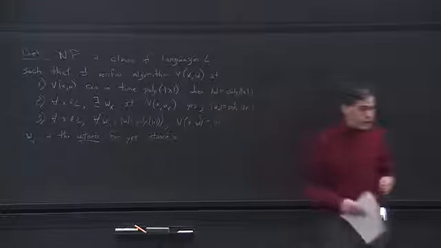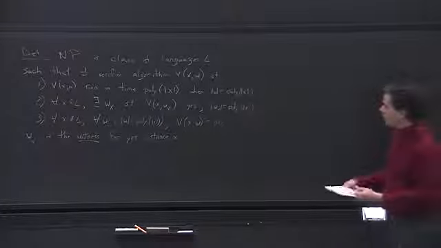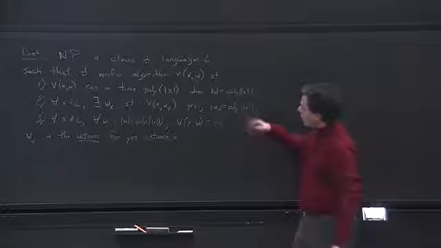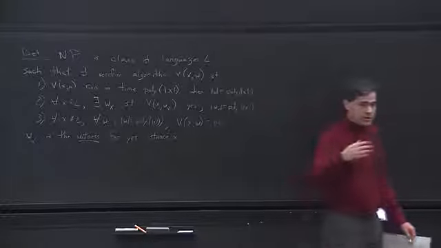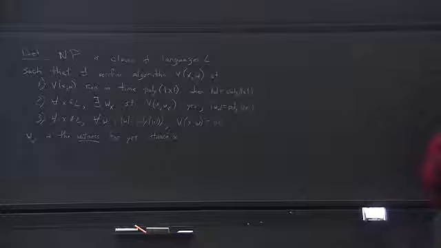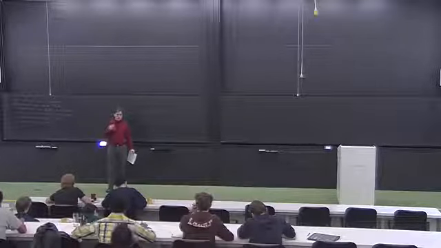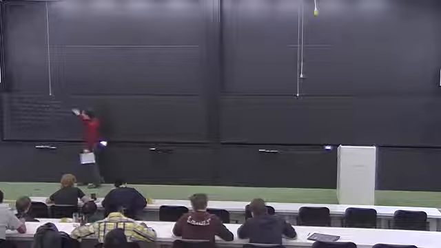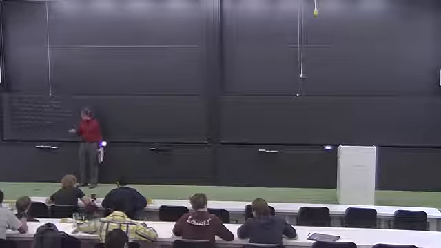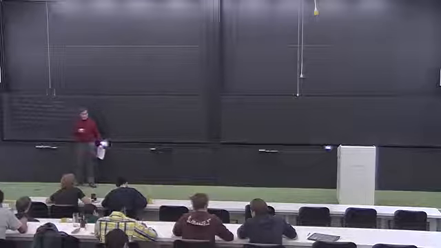Okay, so let me unpack this definition for you a bit. The conceptual idea of the class NP is that it's the class of problems that are easy to check. But you need some extra information to check this answer, and that's this witness.